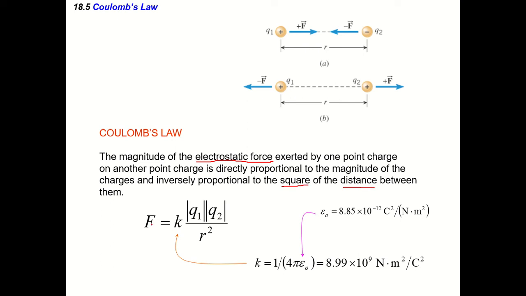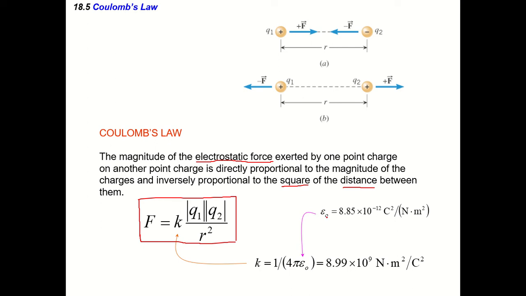So in the formula, F, the electrostatic force, is equal to, because we talk about proportionality, to change our expression from proportionality to equality, we have to introduce a constant k. The constant k is equal to 1 divided by 4 pi epsilon sub 0.